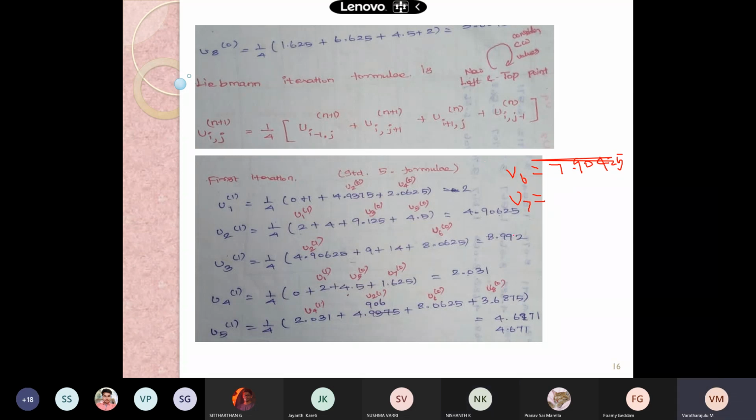What is U7? Who is calculating U7? Sir, I've tried, but I'm getting different answers each time. Can I take some more time for calculating U7? I tried it again and I'm getting different answers.